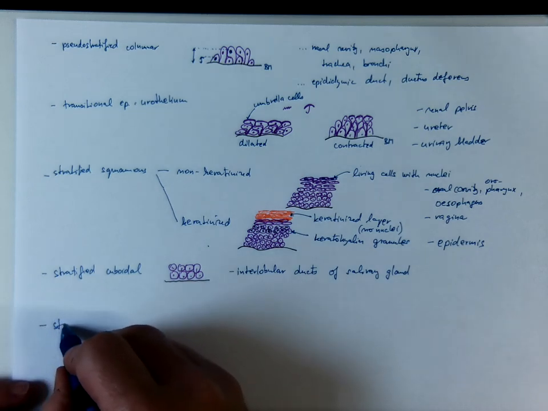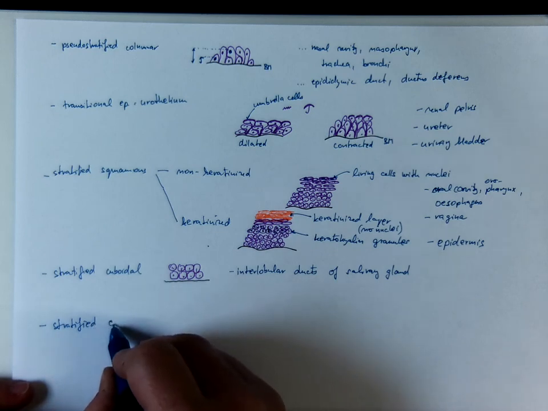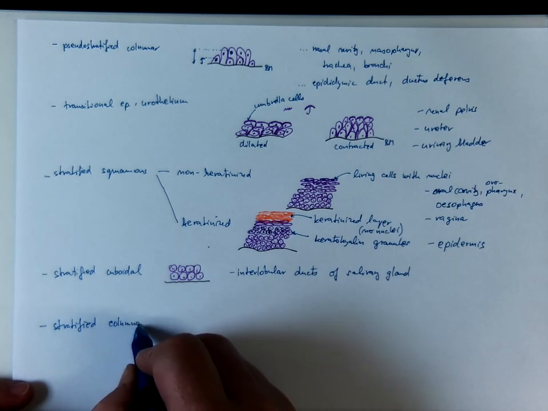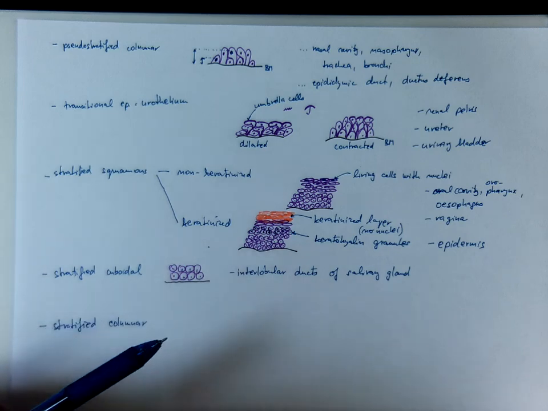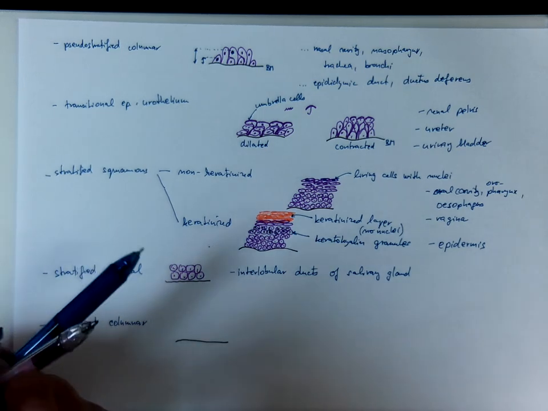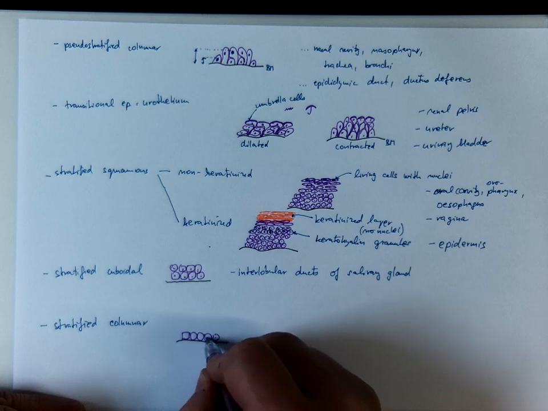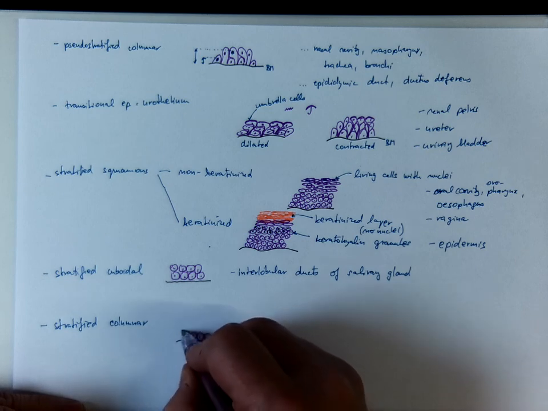And the last example would be stratified columnar epithelium, where even if the bottom cells, the basal cells, would be cuboidal, according to the naming rule, if the top cells are columnar, the whole epithelium is.